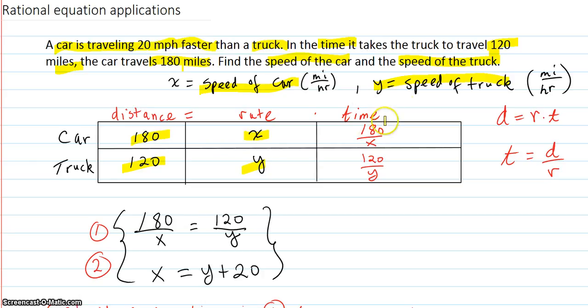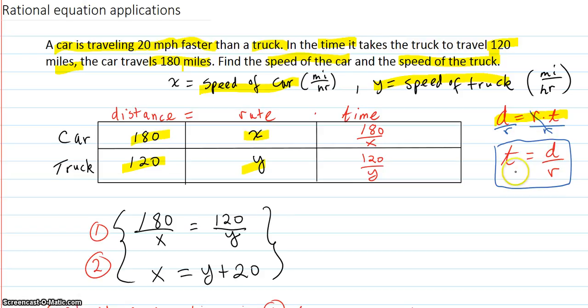So the time is found this way. Distance equals rate times time. When you divide both sides by rate, you can see the rate cancels off and you get time equals distance over rate, which is right here. So that's an equivalent version of that formula.